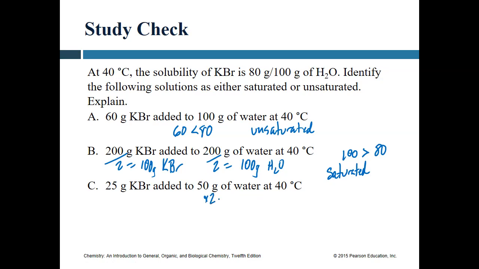If I multiply it by 2 to get 100, I'll need to multiply the 25 by 2 to get to the 50 grams of potassium bromide. 50 is not as much as 80, so there is more room in there for adding more potassium bromide if I wanted to later on.